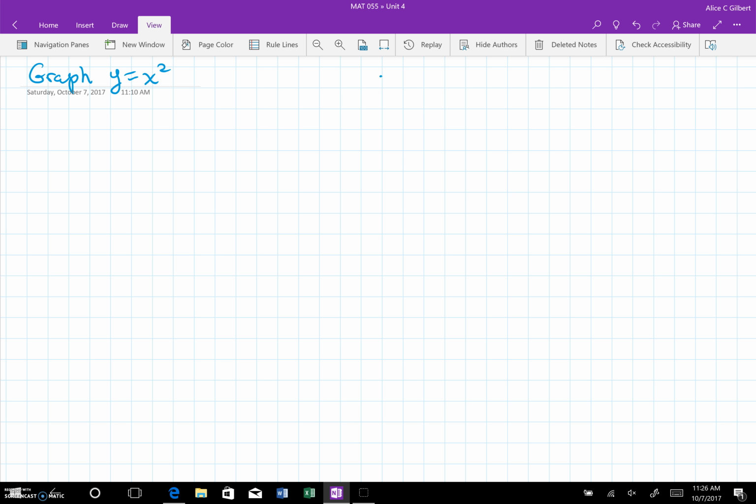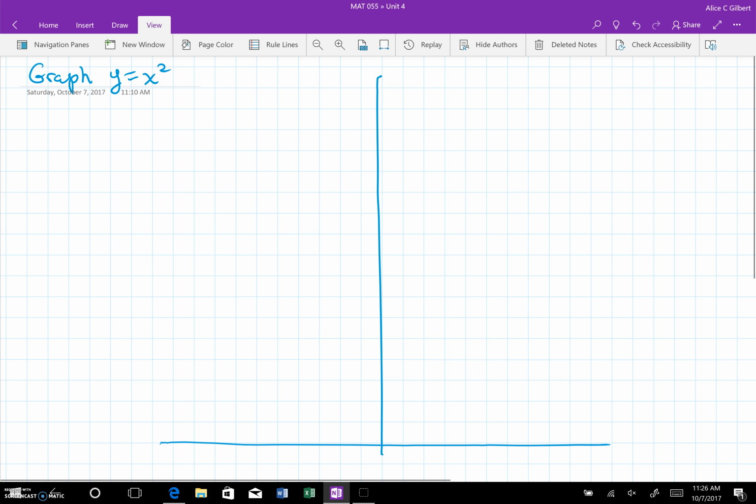Okay, so we make a y and an x axis here with a ruler. Always put arrows on every single line.